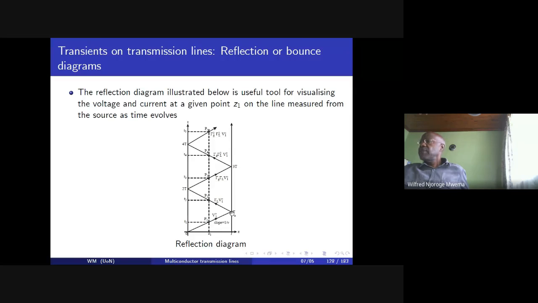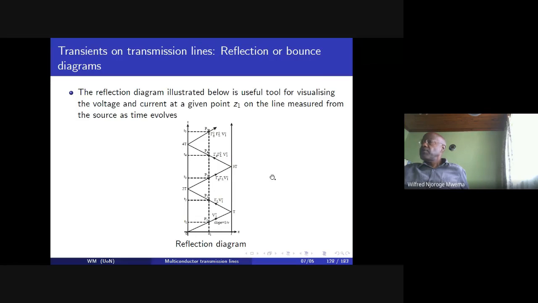And then it will be bounced back with a reflection coefficient gamma L, and it will travel backwards at the same velocity V and arrive at the source end at a time 2t. Then it will be reflected again with a reflection coefficient gamma G, travel back towards the load and arrive there at 3t, and so forth.